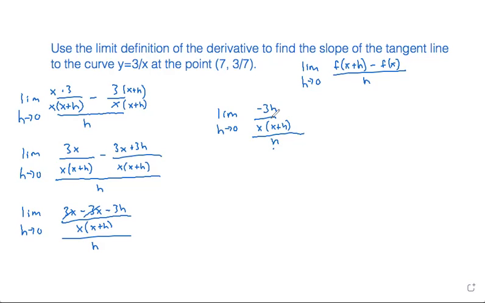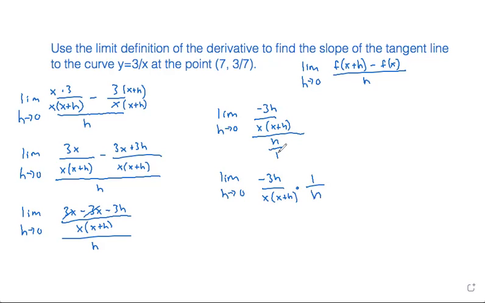So now we have a complex fraction. Let's write the denominator as h over 1. Then we can use the rule that if we have a fraction divided by another fraction, we flip the bottom fraction and multiply. So that makes the limit as h approaches 0 of negative 3h over x times x plus h, times 1 over h.